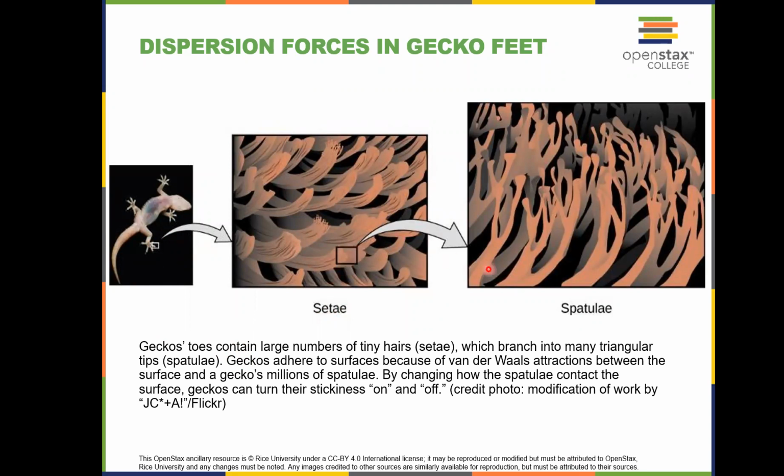And on those small features are even tinier features called spatulae, where their toes have an incredible amount of surface area, leading to a high strength for their London dispersion forces. So the stickiness here for a gecko's toes is strictly due to the amount of surface area, the surface contact they have with the wall or the tree that they're climbing. To step on and step off, they can adjust the amount of surface area and be able to walk on these slick surfaces.